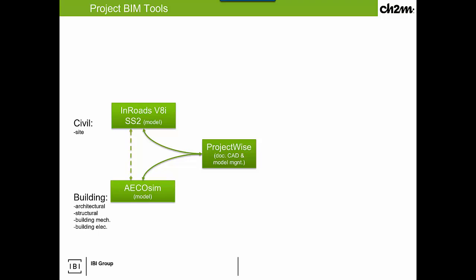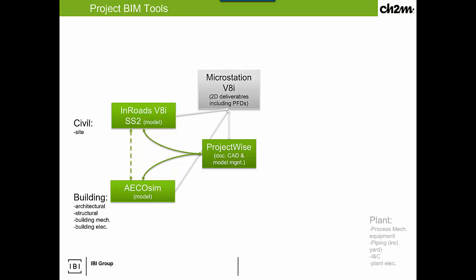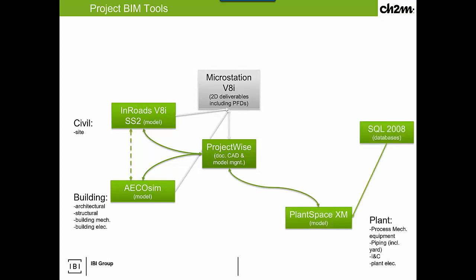In the plant world, we had PlantSpace, which is an older system, but it was what existed at that time. It used a SQL database platform that fed to PlantSpace the spec-based requirements for the piping models. Now, we talked about the data requirements in previous classes.